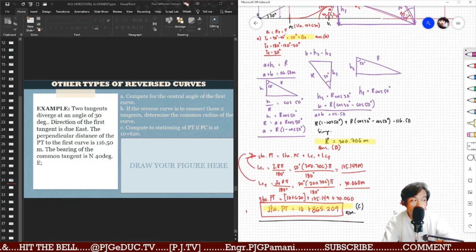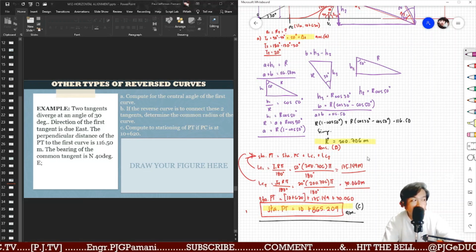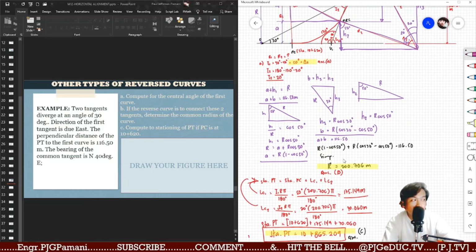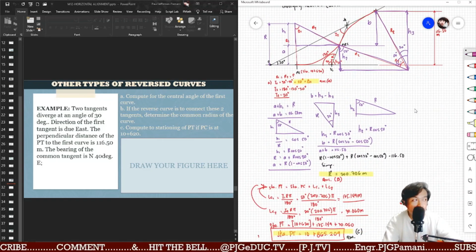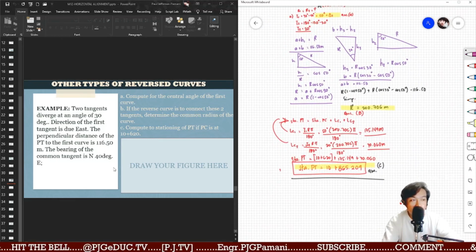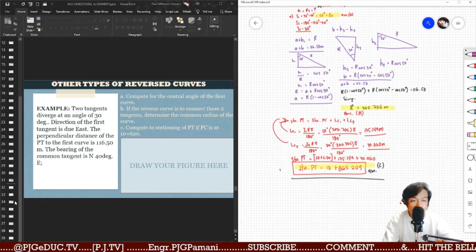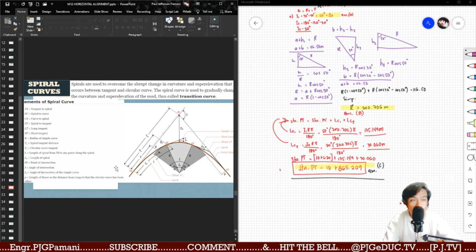Naririnig po ba? Naintindihan? So sana naintindihan ninyo yung mga triangles natin dyan. Basically, trigo lang naman yan. No? Napakadali. The next stop after reverse curve, let's try to discuss circular curves.